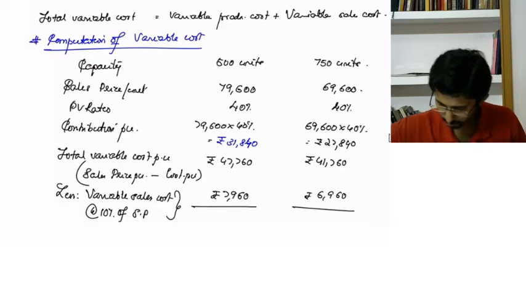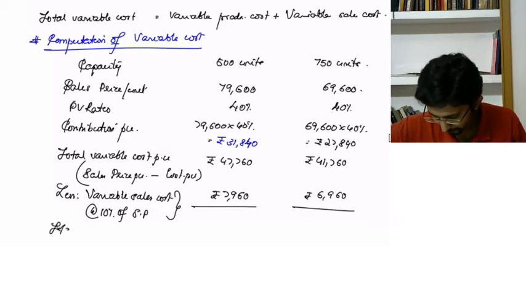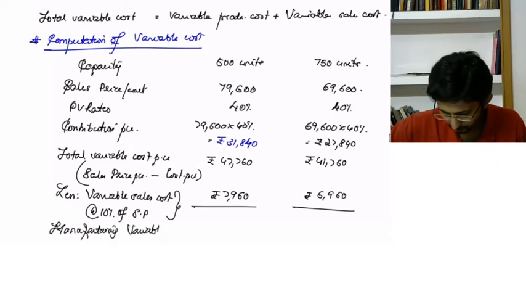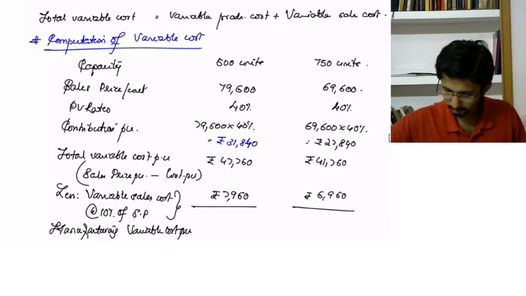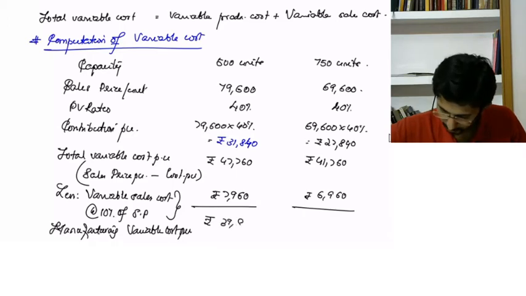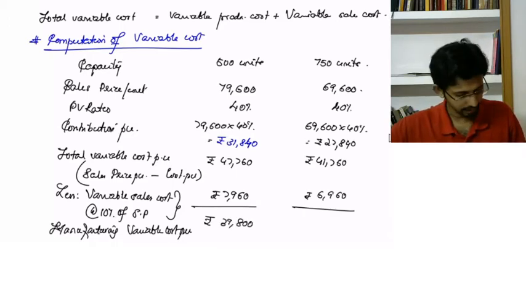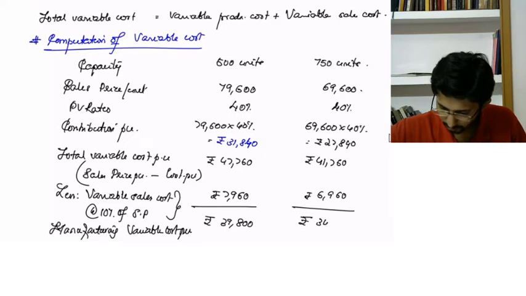Okay, so manufacturing variable cost per unit will be how much? 47,760 minus 7,960 will give you rupees 39,800. Then here it is 41,760 minus 6,960, which gives 34,800.